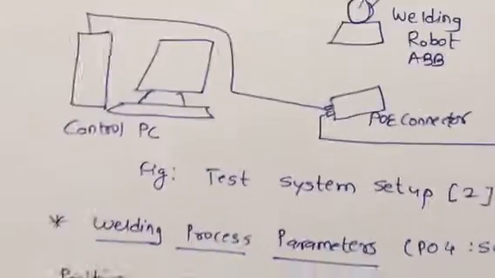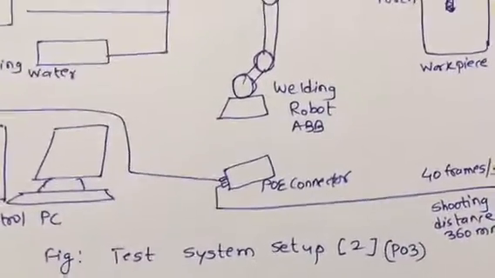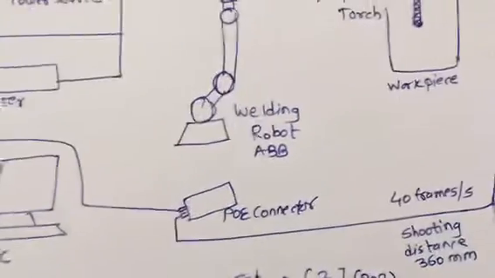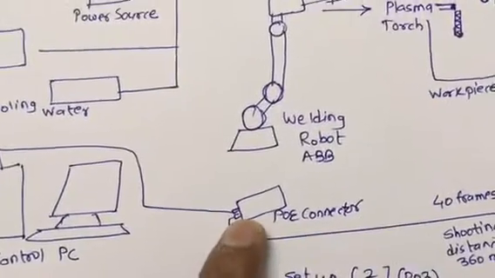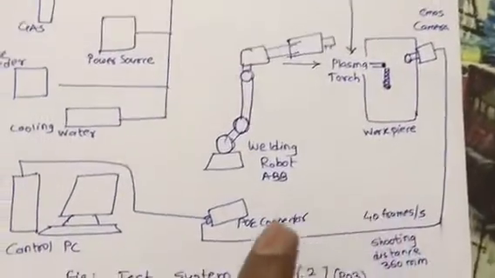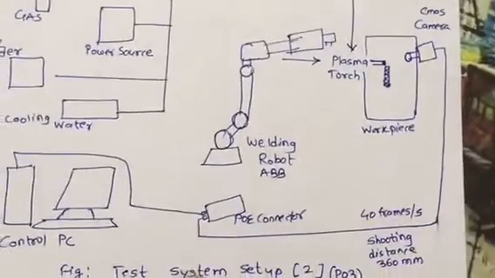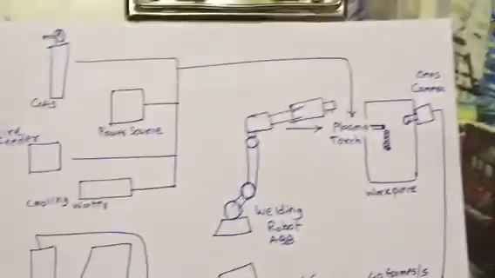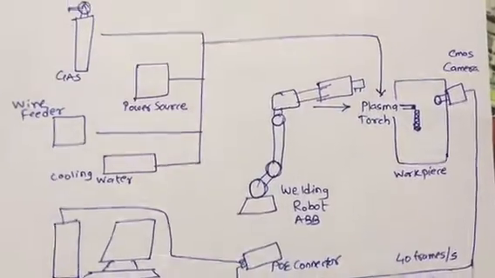So this is a communication connector present over there. In the reference they have not mentioned what exactly the PoE connector is. So through this particular connector the CPU communicates with the sensor. Now this is about the test system setup authors have used in reference number 2.